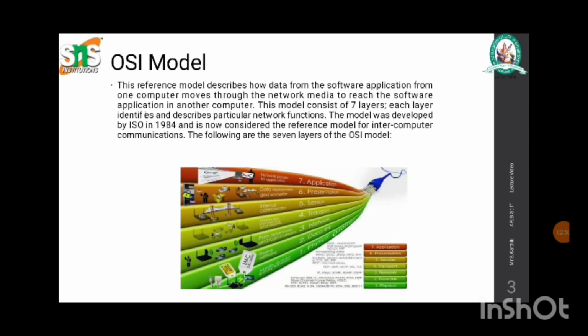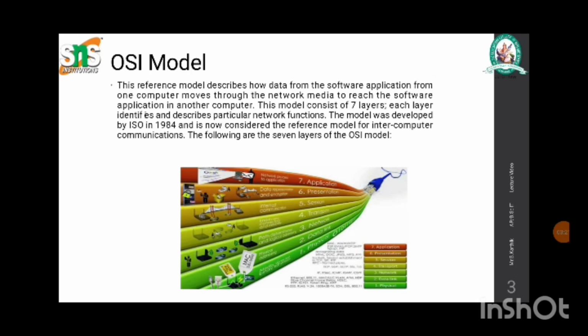OSI model. This reference model describes how data transmitting from the software application on one computer moves through the network media to reach the software application in another computer. This model consists of 7 layers. Each layer identifies and describes particular network functions. The model was developed by ISO in 1984 and it's now considered the reference model for intercomputer communication.